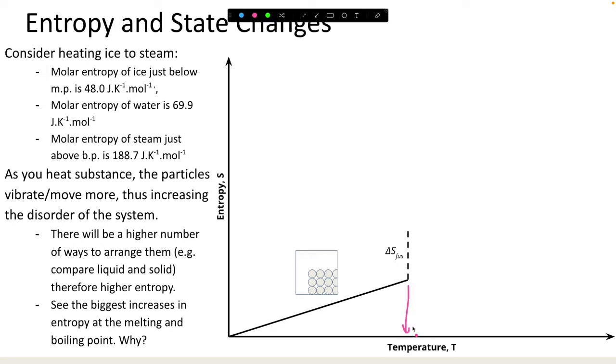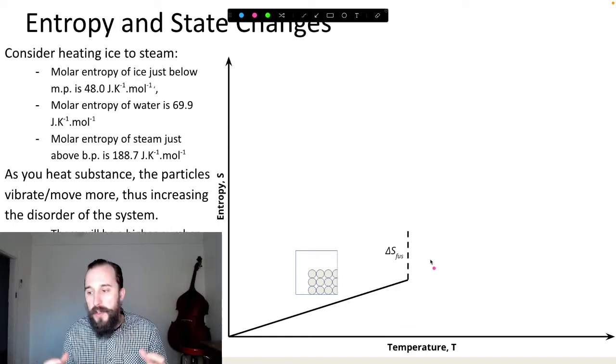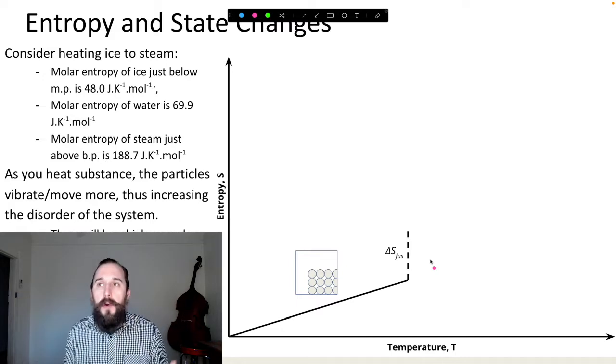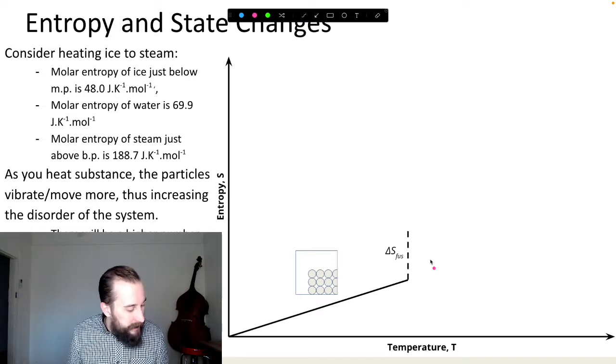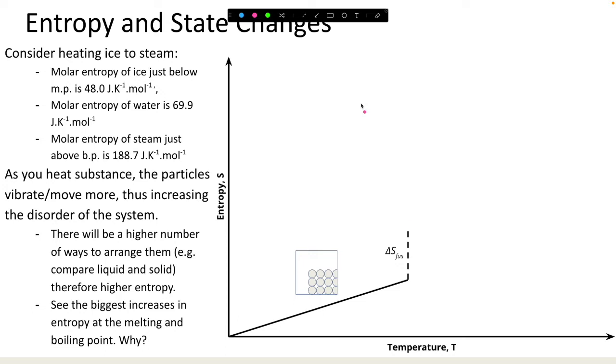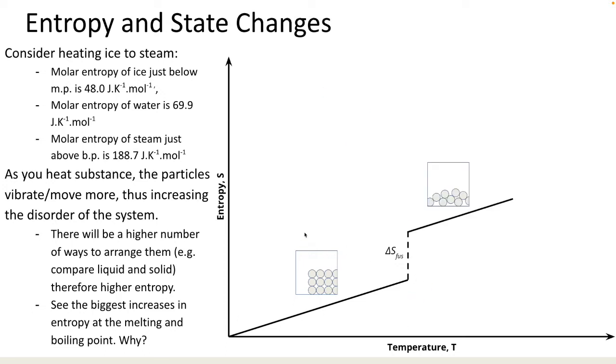We can see the value there is not changing, but the entropy is still increasing, and it's increasing quite a bit, because what we're doing is breaking those bonds between the solid particles to get them into the liquid. As they can move more and more, there are more microstates, higher entropy, more disorder, all that good stuff. But once we have completely entered the liquid phase, we then observe the temperature increase.